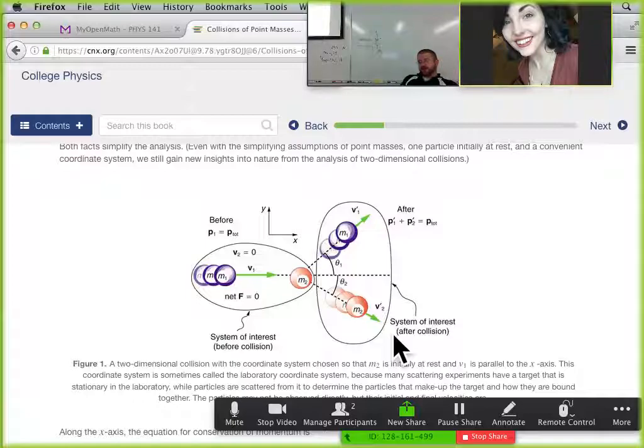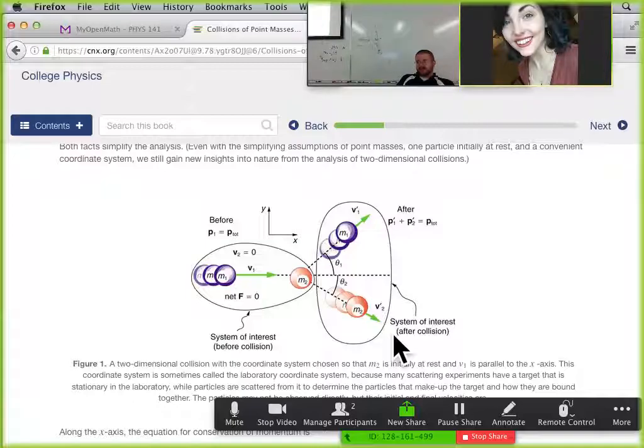How is momentum conserved? And I want you to talk about it in 2 sentences of 10 words or less each. One sentence is going to describe the conservation of momentum in the y direction, or the up and down direction. And the other one is going to talk about the conservation of momentum in the left-right direction, or the x direction. Okay?